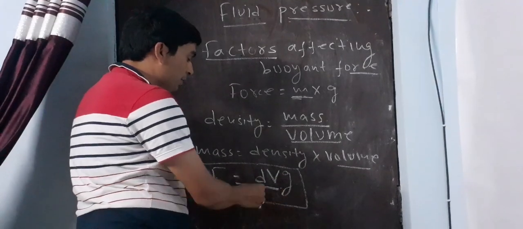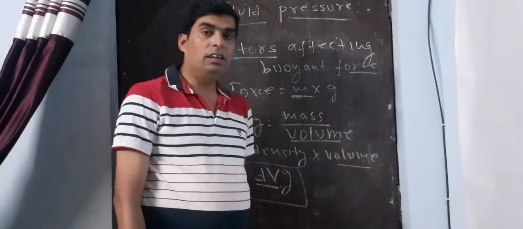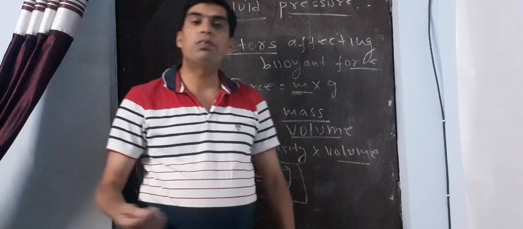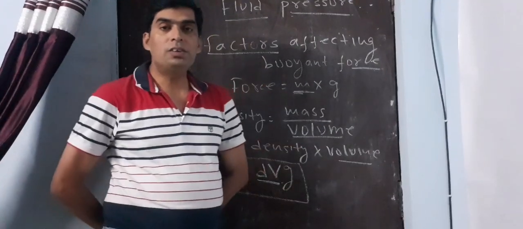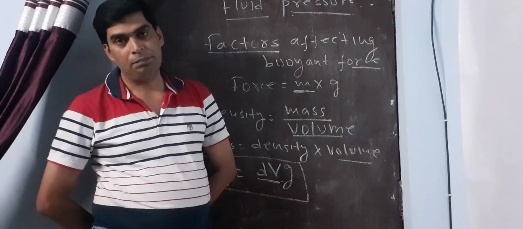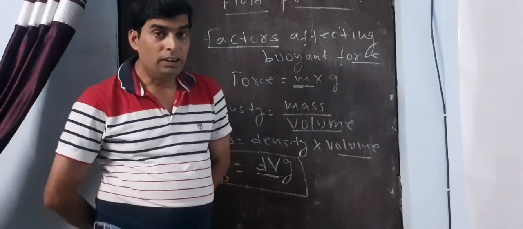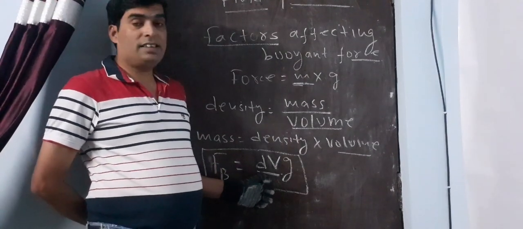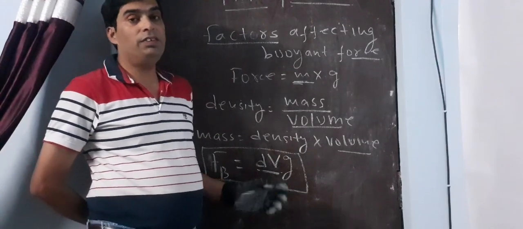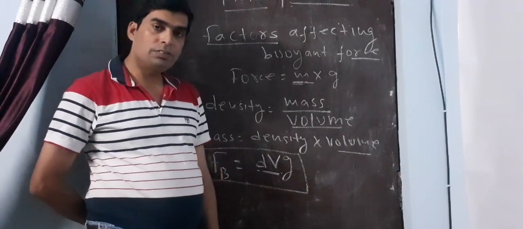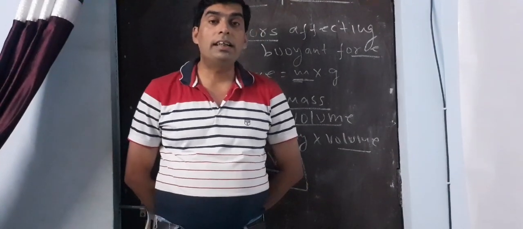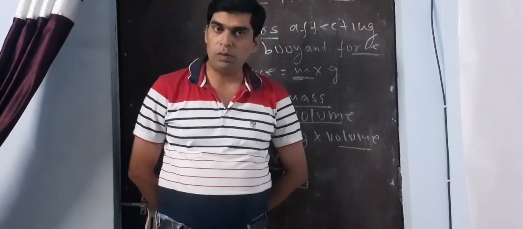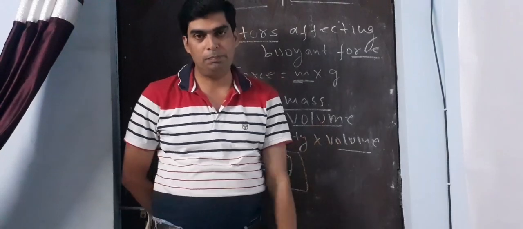That's why in many cases we ask why ice floats on water, while on the other hand a nail sinks in water. The answer is that the density of ice is less than the density of water, so ice floats. On the other hand, the density of iron is much more than water, so iron sinks.